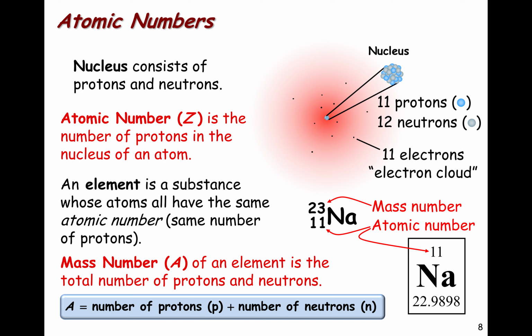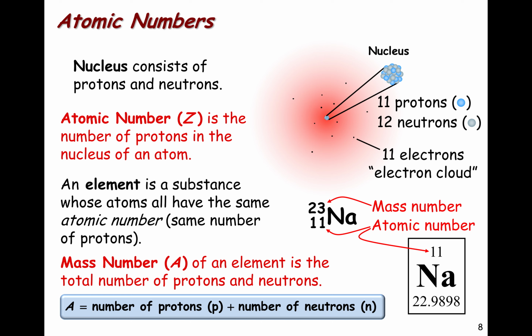So, in addition to the information inside the box on the periodic table, we also have a way of representing a particular atom of sodium by writing the symbol. Superscripted to the left of the symbol is the mass number, in this case 23, and subscripted to the left is the atomic number, the number of protons.